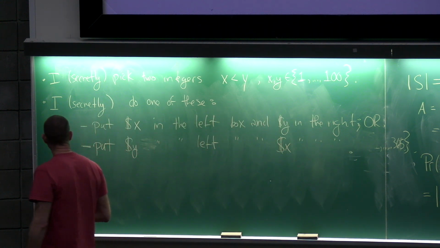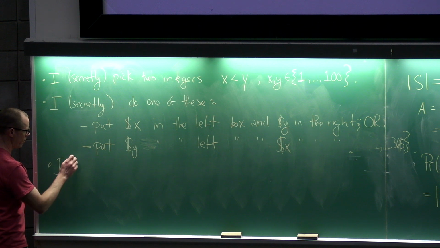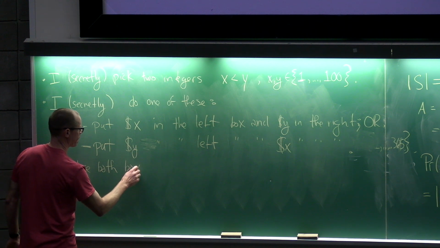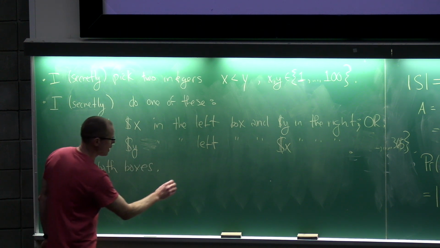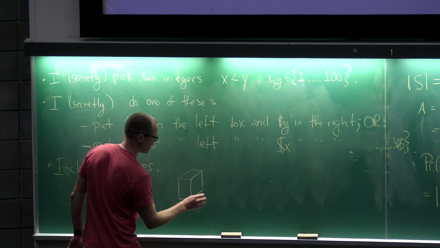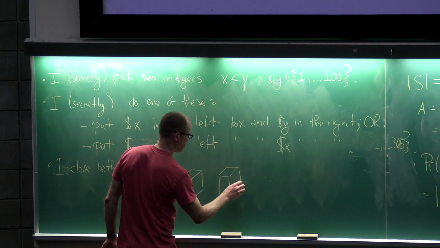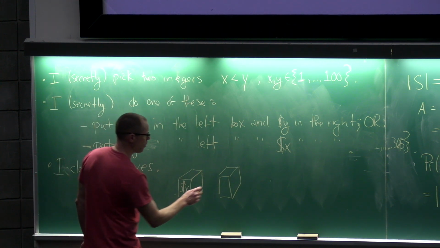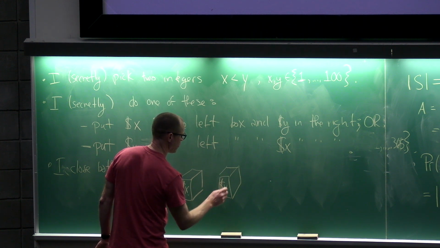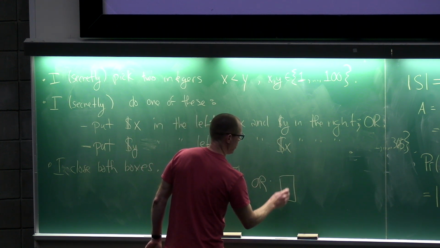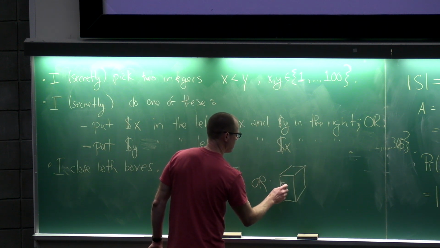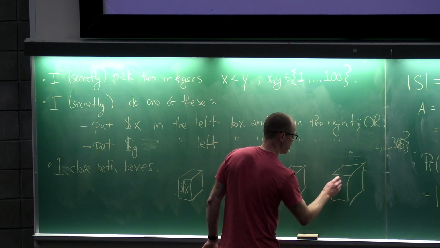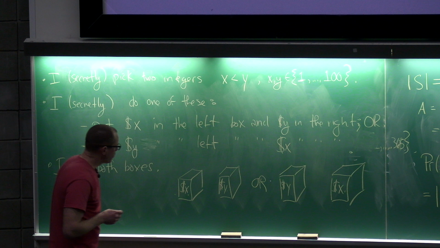Okay? And then finally, I close both boxes. So the picture looks like this. There's a left box and a right box, and maybe the left one has X dollars in it and the right one has Y dollars in it, or maybe it looks like this: Y dollars in the left and X dollars in the right.